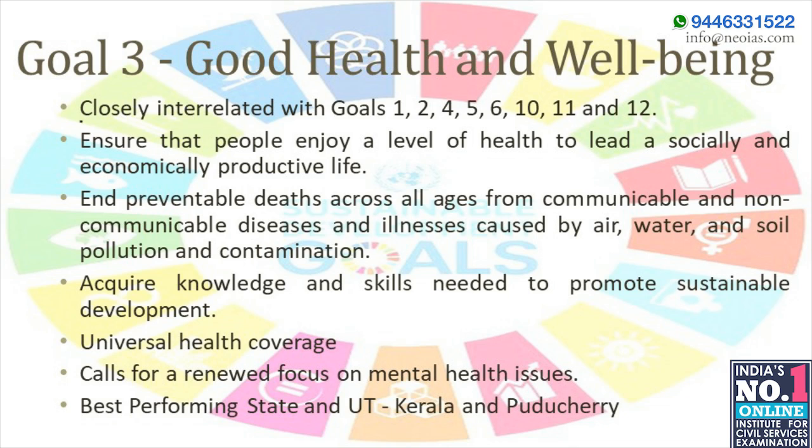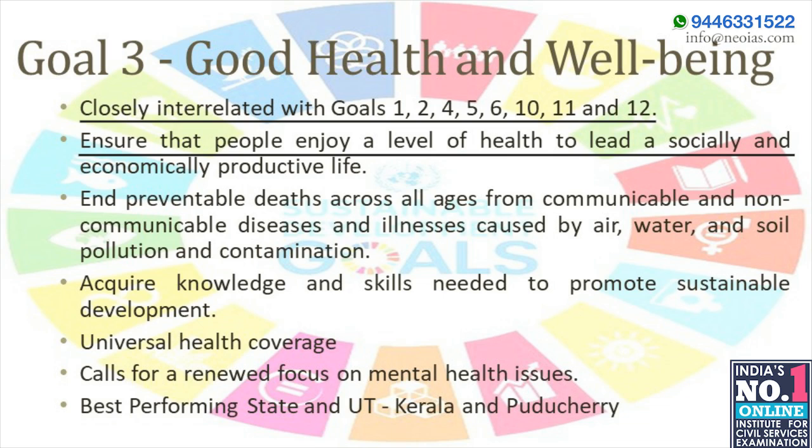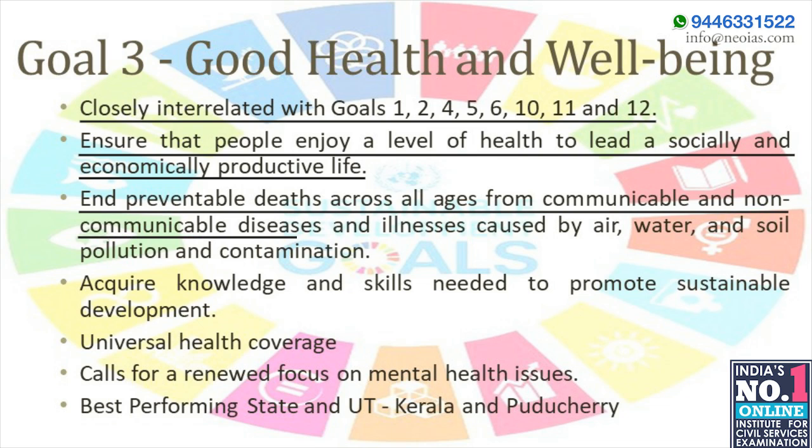This SDG is closely interrelated with goals 1, 2, 4, 5, 6, 10, 11 and 12. It aims to ensure that people enjoy a level of health that enables them to lead a socially and economically productive life. It also aims to end preventable deaths across all ages from communicable and non-communicable diseases and illness caused by air, water and soil pollution and contamination.